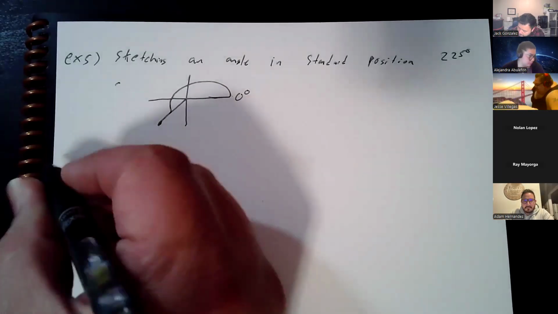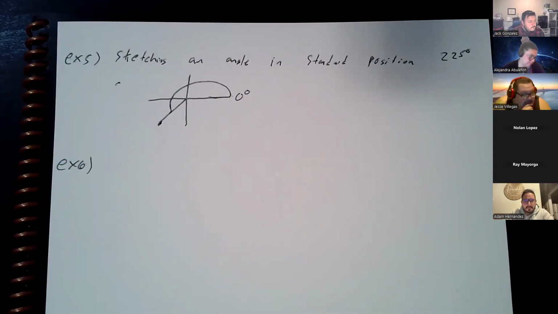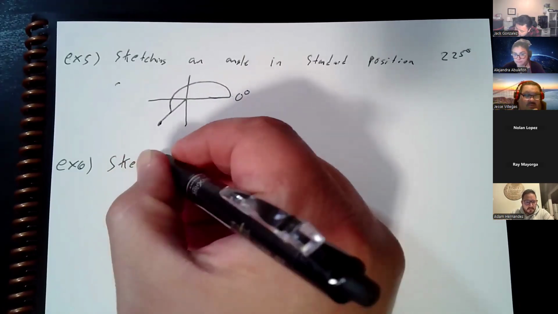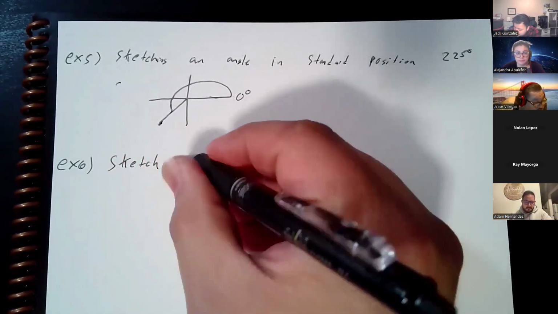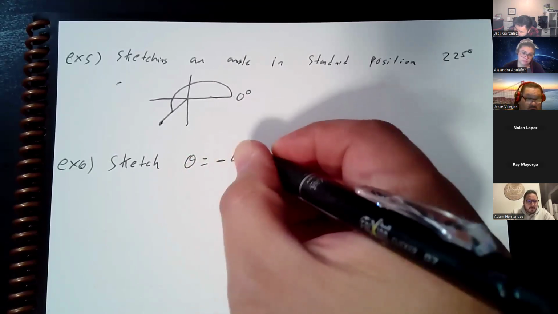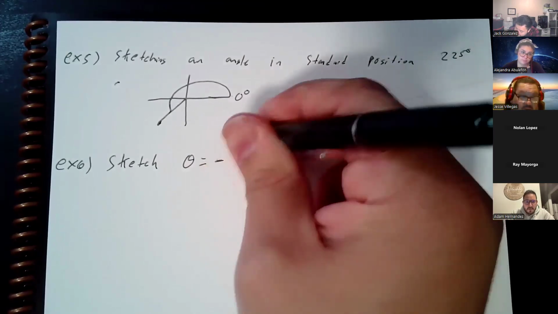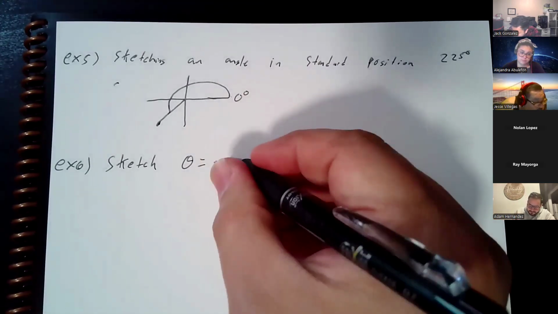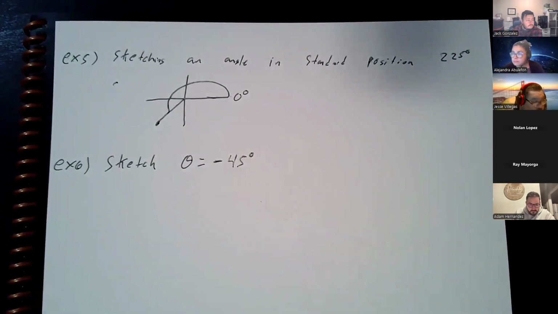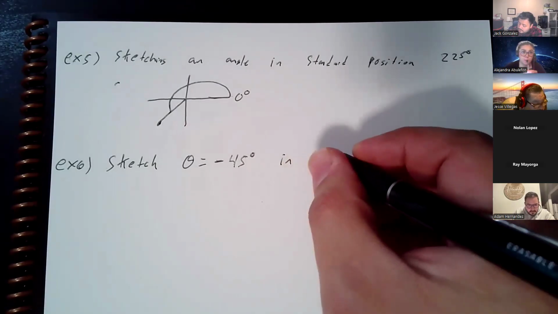Six. All right, sketch theta equal to negative 45 degrees in standard position.